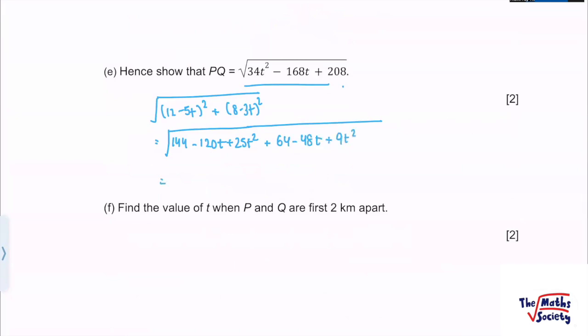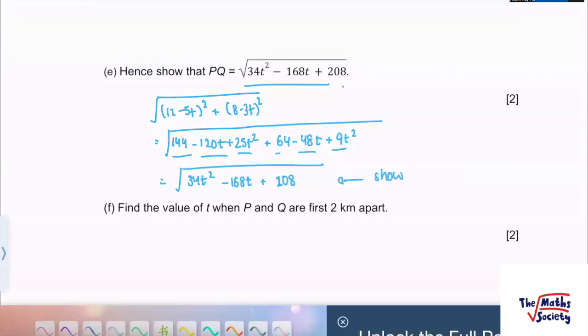So you'll have, it adds up to 34t squared, then you have minus 168t, plus 144 and 64, and that makes up 208. So now you can just say that it's been shown.